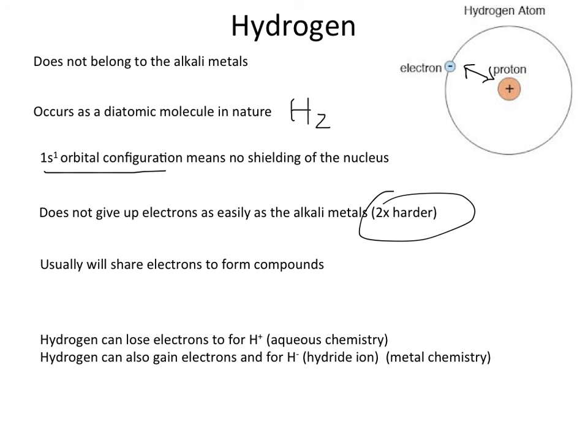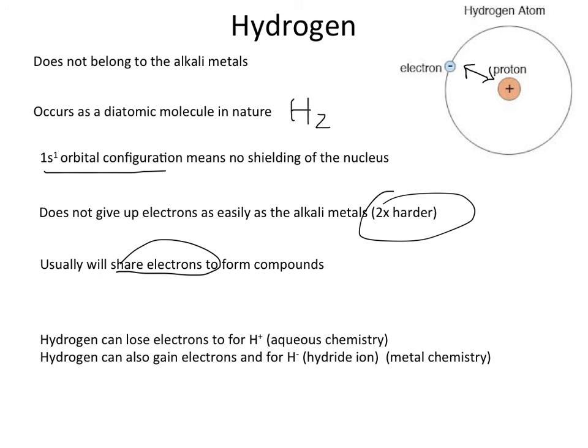Usually when hydrogen forms bonds, it'll do so in a covalent way. It'll share electrons in order to form compounds. And we see hydrogen in tons of stuff, especially carbon-containing compounds. Now, hydrogen can gain or lose electrons. It is possible for this to happen, and depending on what the hydrogen is interacting with will dictate whether it loses or gains electrons.